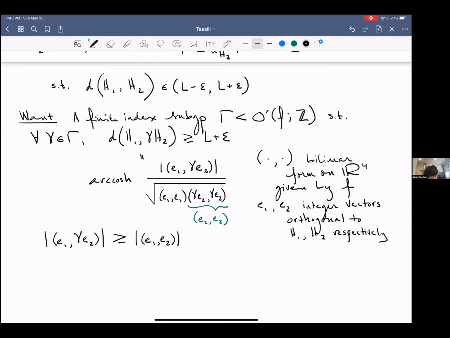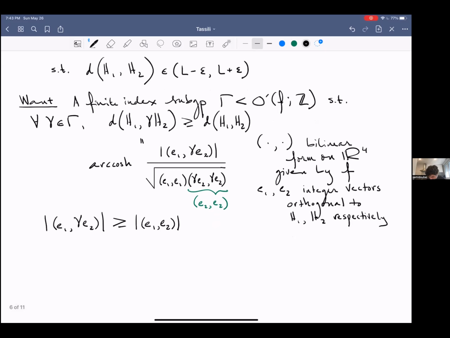In fact, we won't be able to do better using this strategy than comparing the distance between H1 and a translate of H2 to the distance between H1 and H2. So we would like this to be true for all gamma.